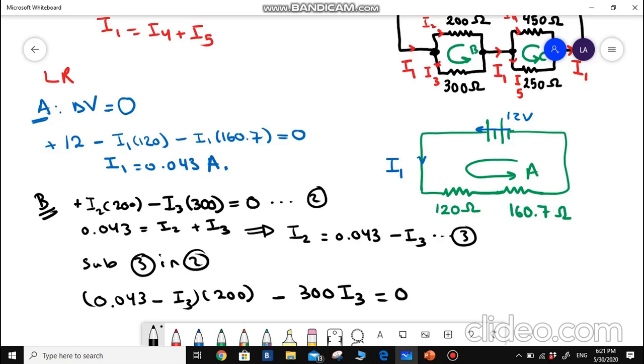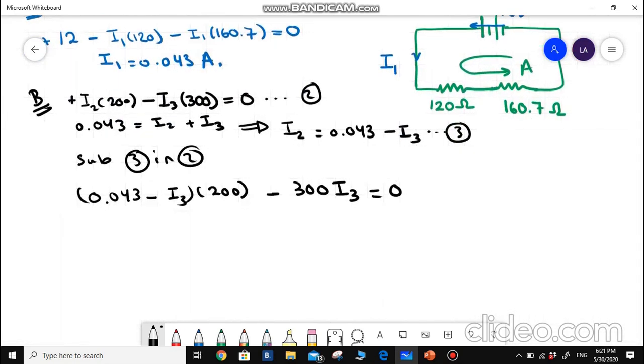Now you're left with some math steps. Don't forget here that you will be distributing this value. So you will have minus 200 I3, don't forget the minus sign here, minus 0.043 times 200, it gives 8.6. Actually it's plus 8.6 minus 300 I3 equals 0.